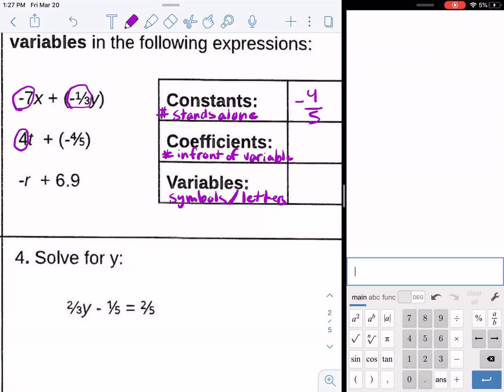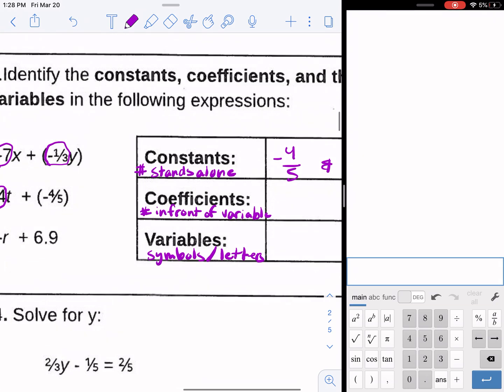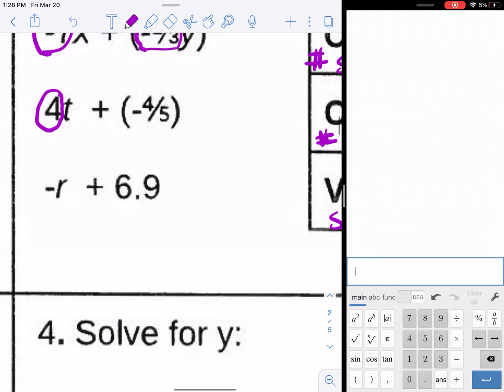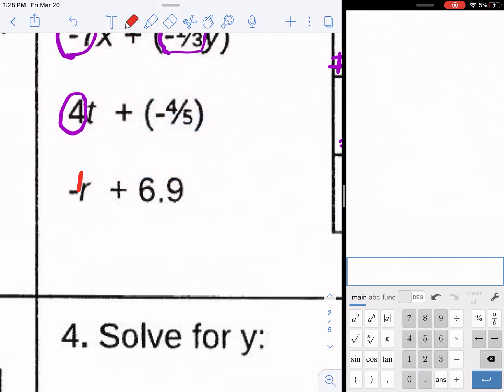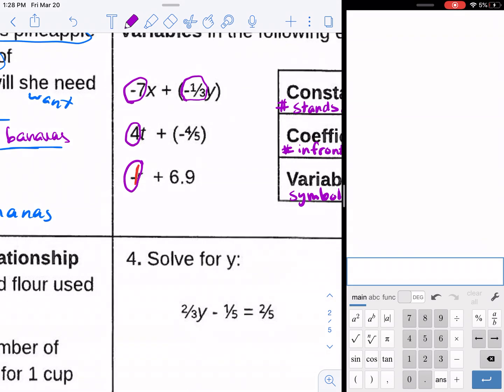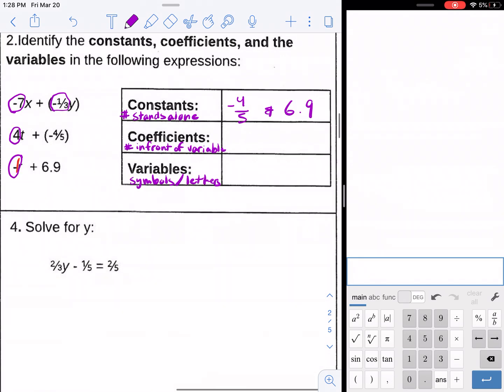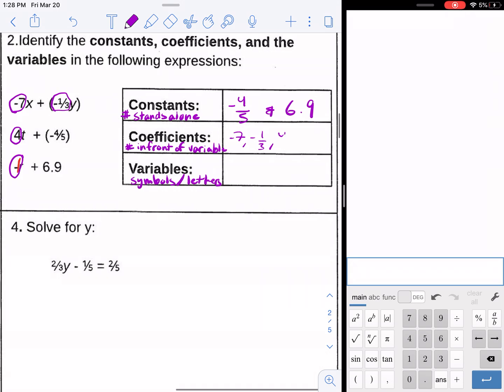And there's one more left, a -r. What number is in front of that -r? There is a -1 right there. So the coefficients we got are -7, -1/3, 4, and -1. Those are my four coefficients.